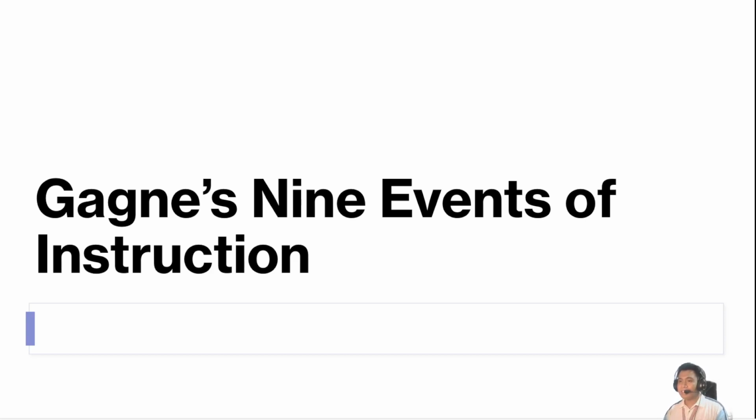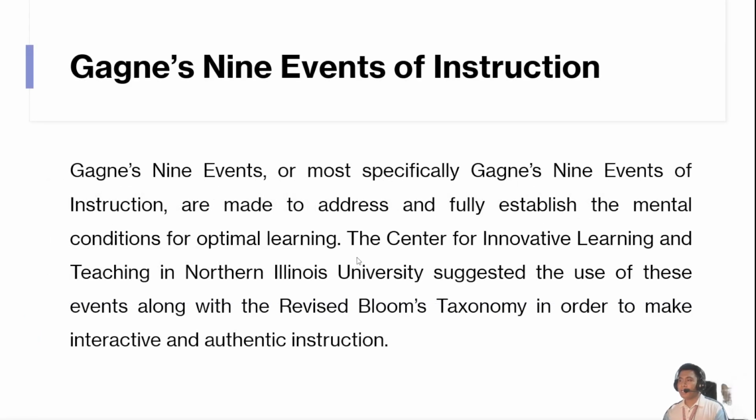According to the Center for Innovative Learning and Teaching of Northern Illinois University, we'll call that CITL for short, this particular event of instruction requires teachers to have prerequisite knowledge of the revised Bloom's taxonomy of learning.